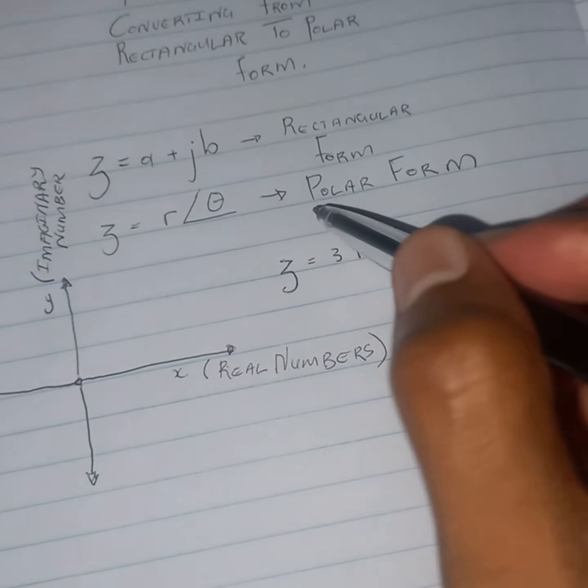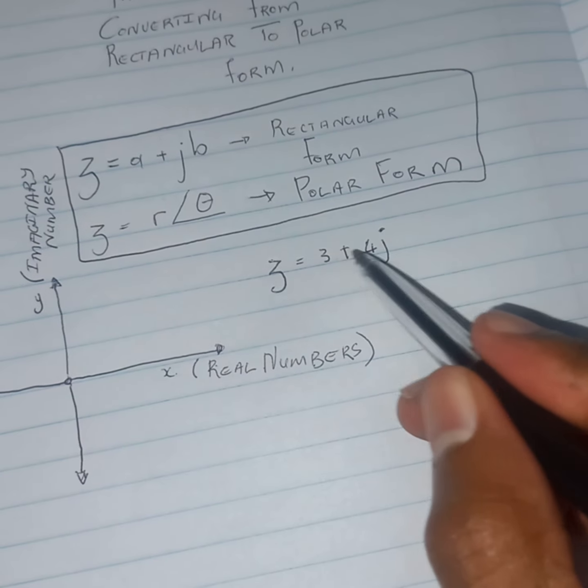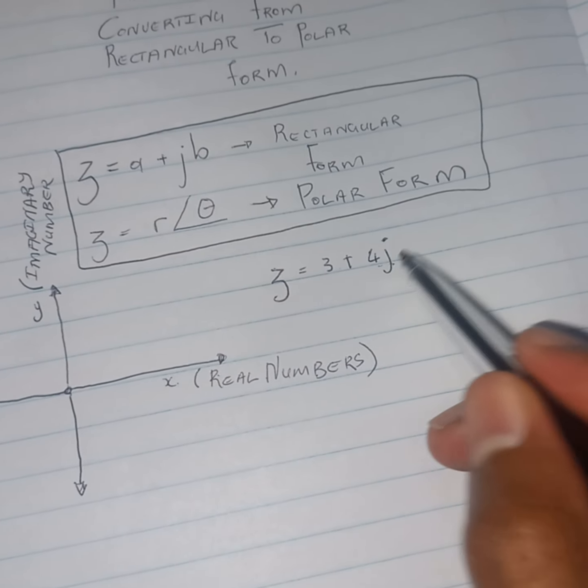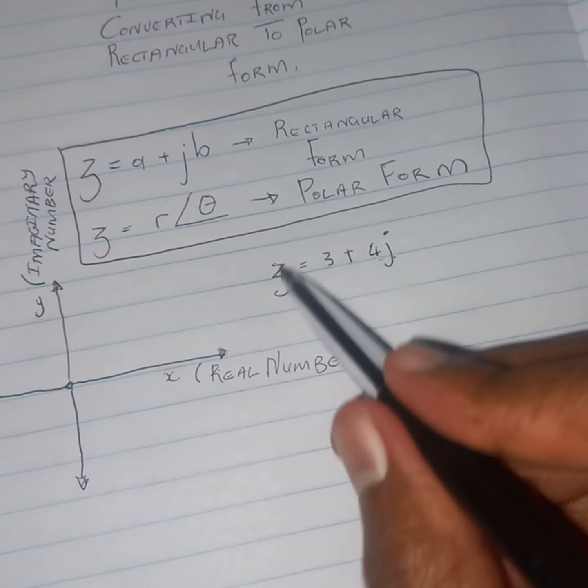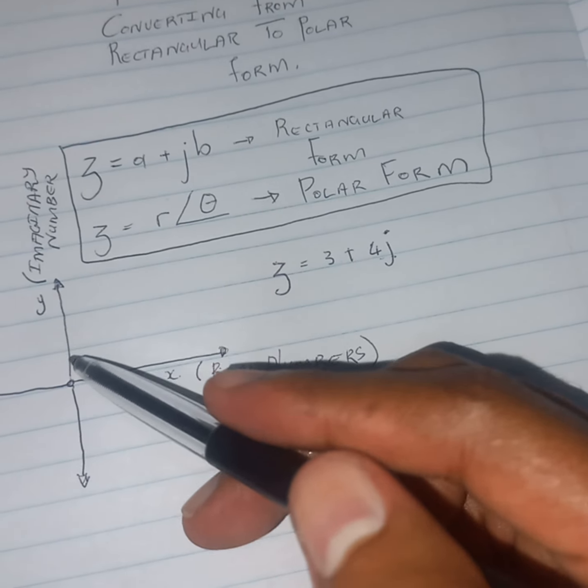Since I'm going to be looking at 3 plus 4j, how can I plot this complex number on the Argand diagram?